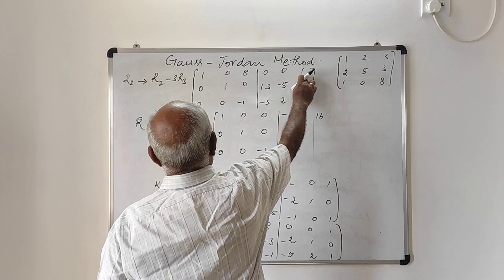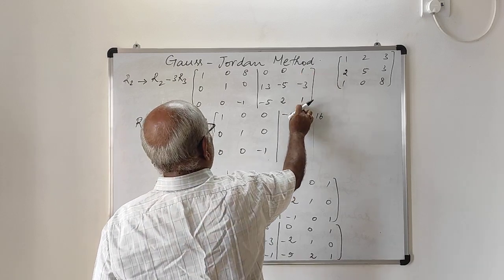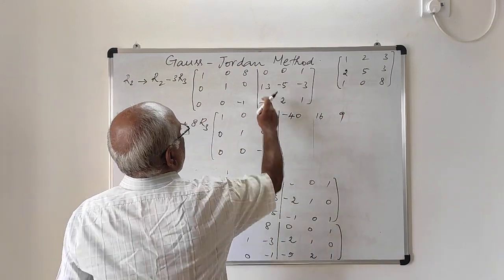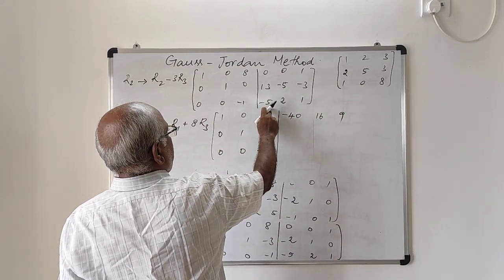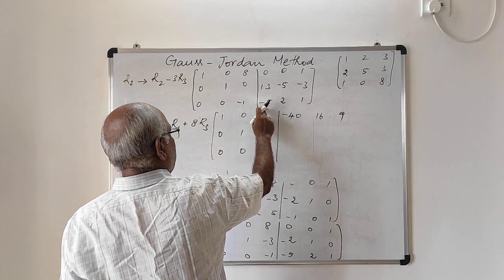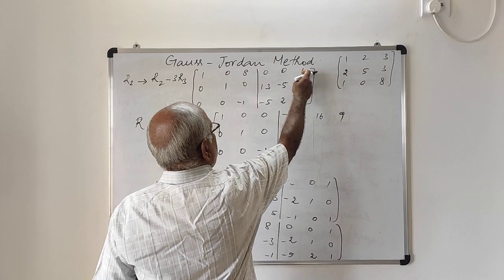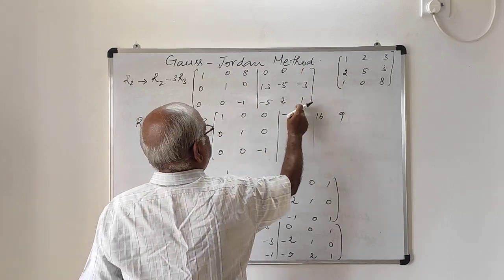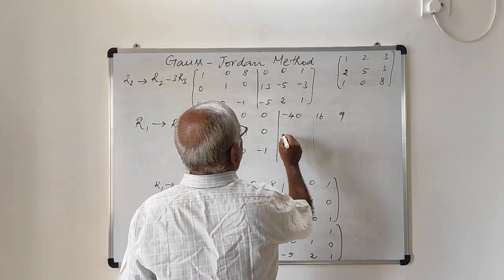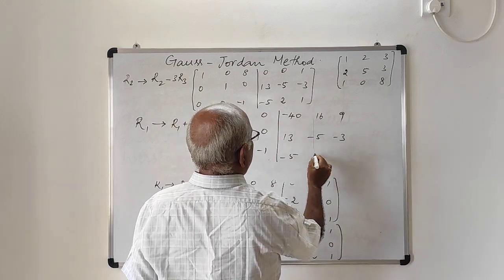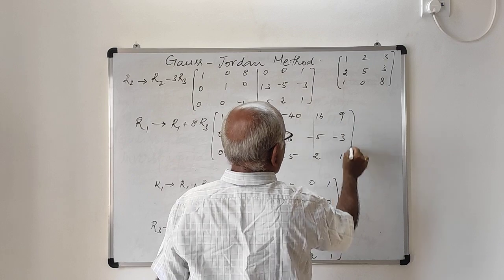And 1 plus 8 R3 is 8 plus 1, which is 9. So the row is minus 40, 16, 9, and the row 13, minus 5, minus 3, minus 5, 2, 1.